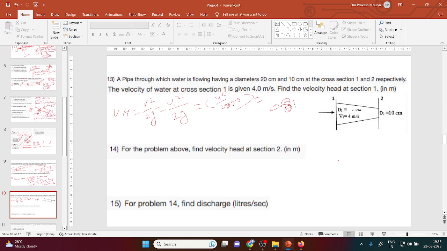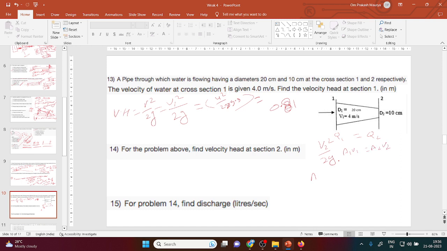For question number 14, what will you do? For the above problem, find the velocity head at section 2. So that is v2 square by 2g. For v2, you know the discharge will be the same, Q1 is equal to Q2. That is A1 v1 is equal to A2 v2.